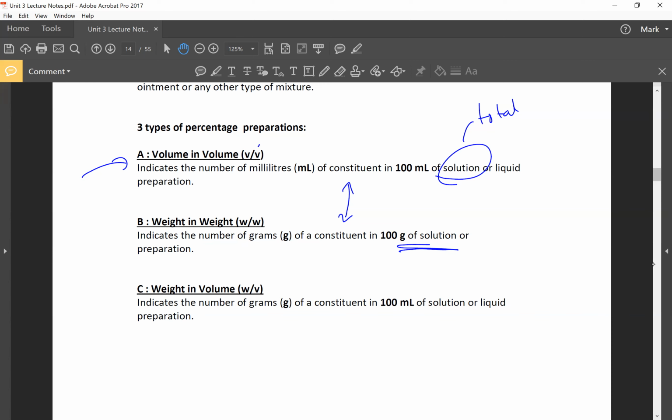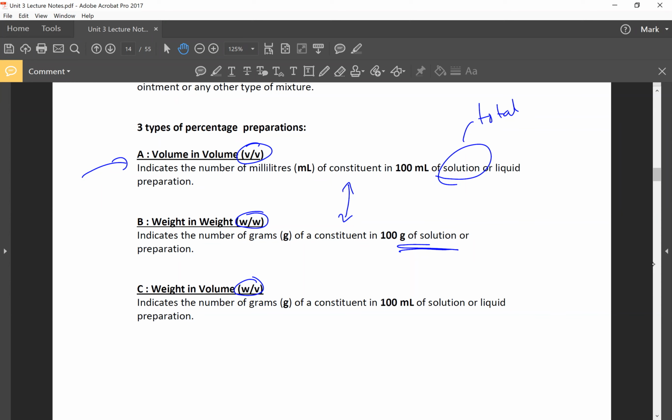So there's volume over volume, weight over weight, and then there's weight over volume. Each of these percentages is basically done the same. It's just what type of chemicals you are using. If the medicine is a liquid, you might measure milliliters. If the medicine is a solid, you might weigh it in grams.